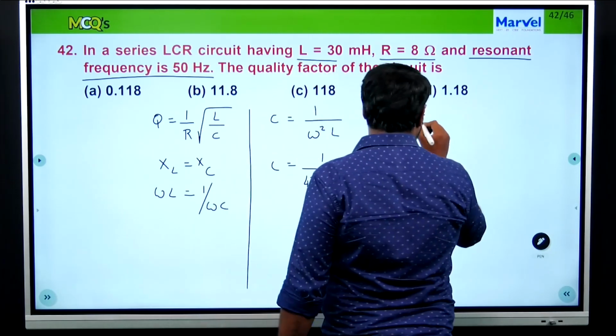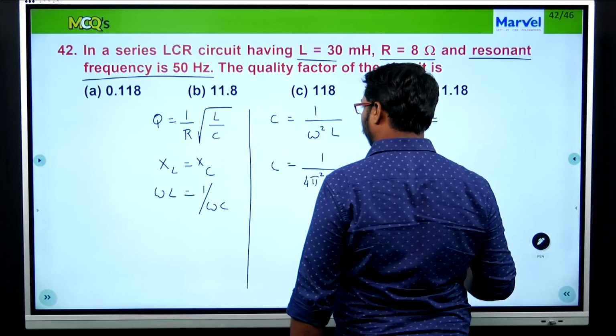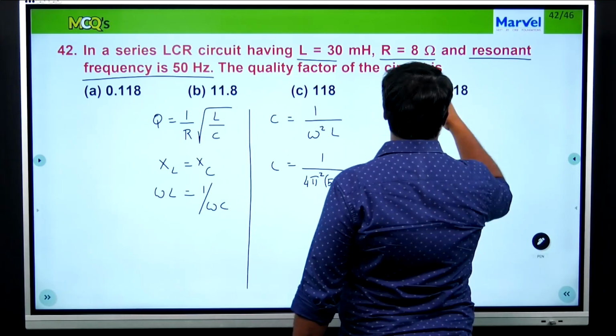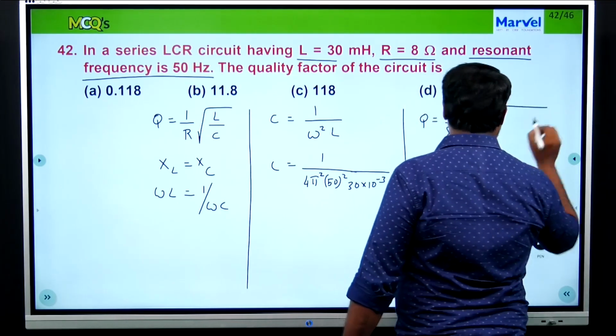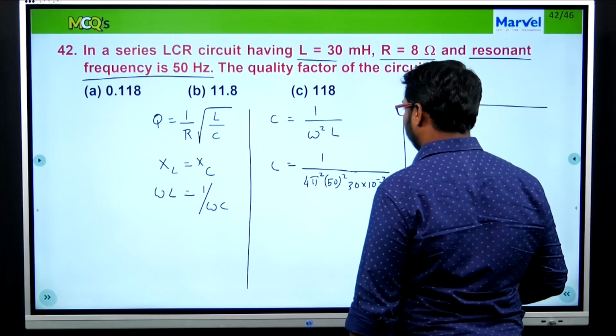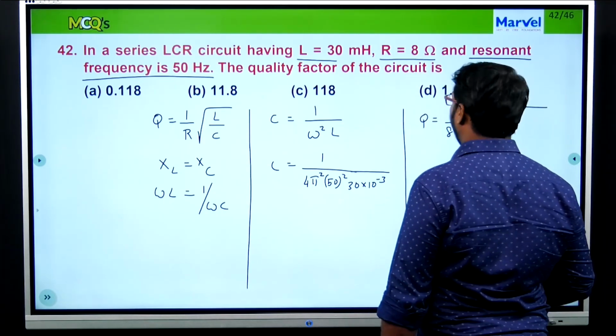So Q is equal to 1 by R. What is R in here? It is 8. Is equal to root of L by C. So what is L?